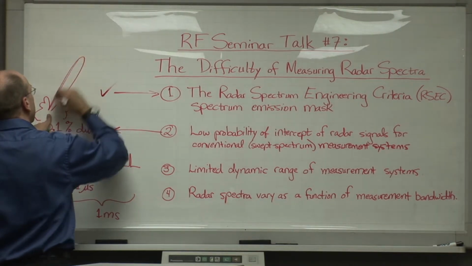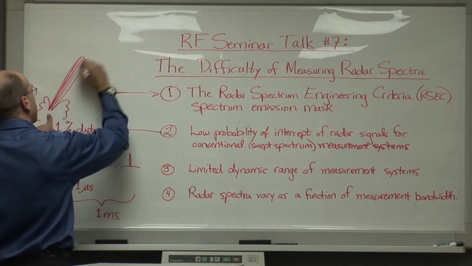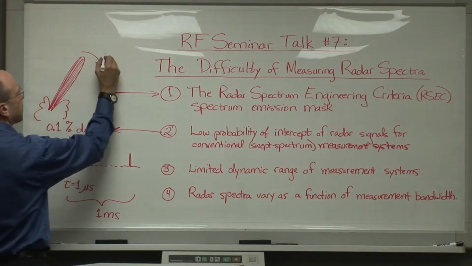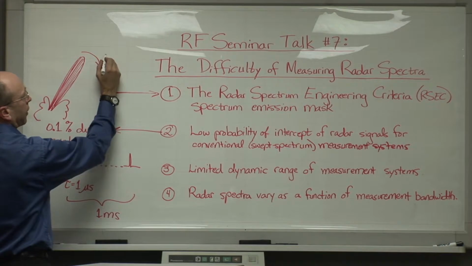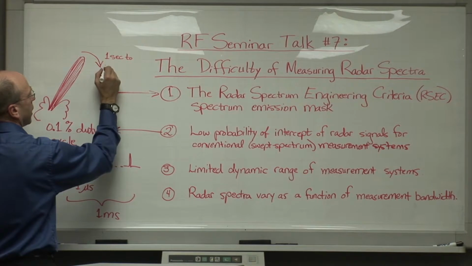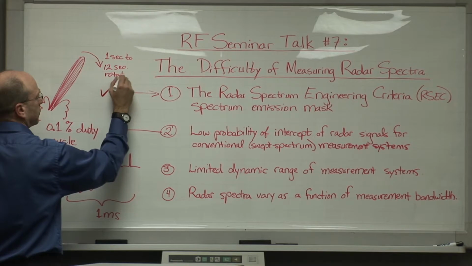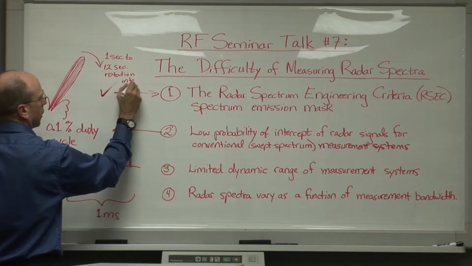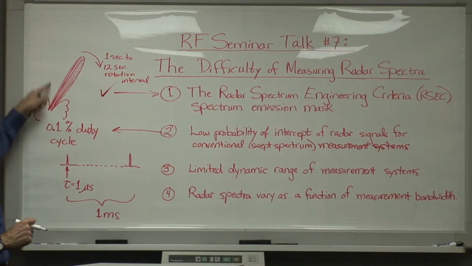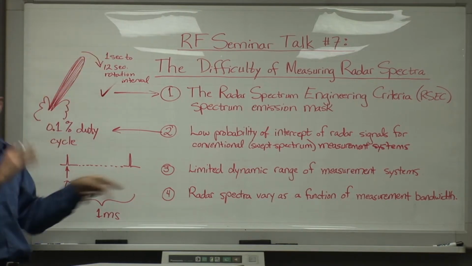The beam contains something like 10, 15, or 20 pulses, like so, and this beam, which is rotating like this in space, might have anywhere from a 1 second to maybe a 12 second rotation interval, depending upon the radar type. So first of all, the radar is only on 0.1% of the time, and second of all, the beam only looks in our direction about once a second to maybe once every 12 seconds, depending upon the radar type.